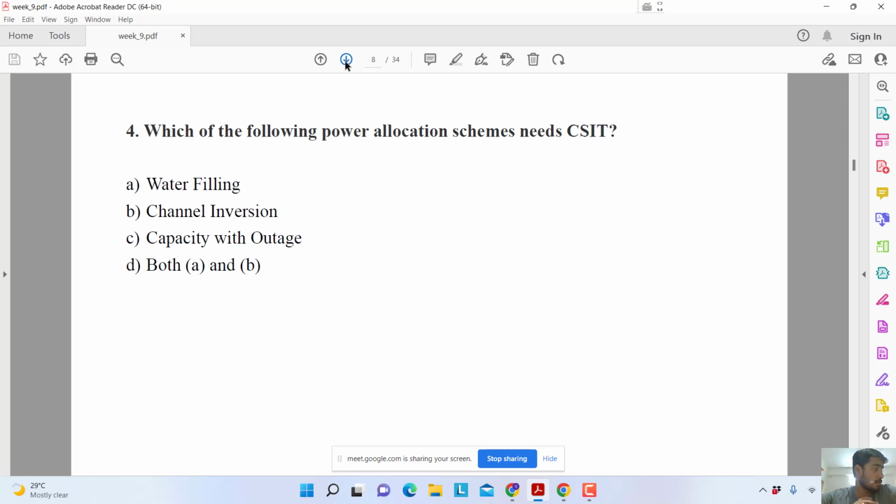Question number 4 is a theoretical question, and the question is: which of the following power allocation schemes needs CSIT? Try to solve this question. You can comment or speak.